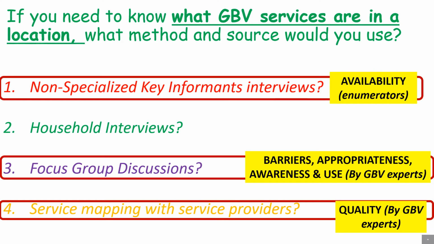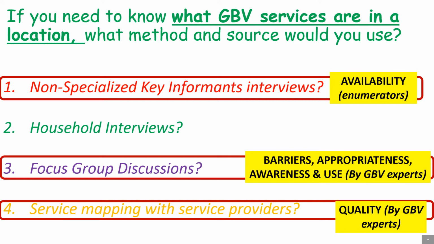But key informant interviews cannot tell us about the quality, the barriers that people face in accessing those services, and so on. Focus group discussions done by GBV experts can help us understand the barriers, appropriateness, awareness, and use. We can use expert interviews and service mapping with providers to identify quality. This is done by GBV experts.